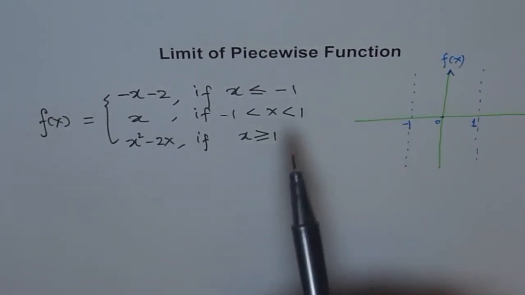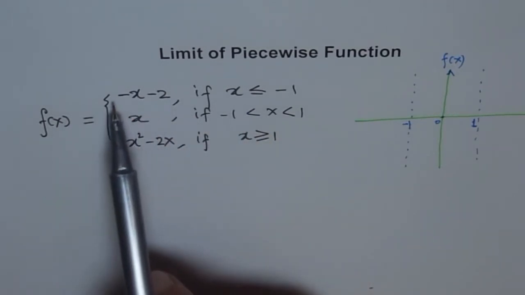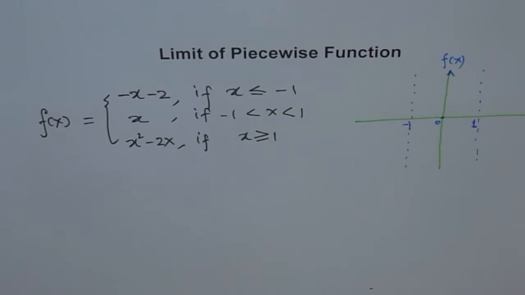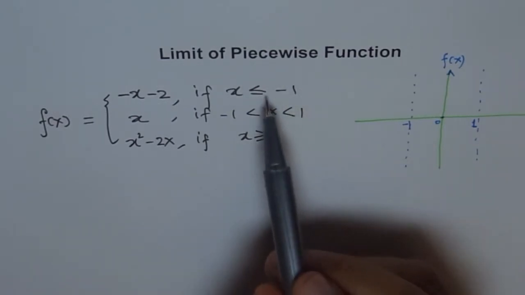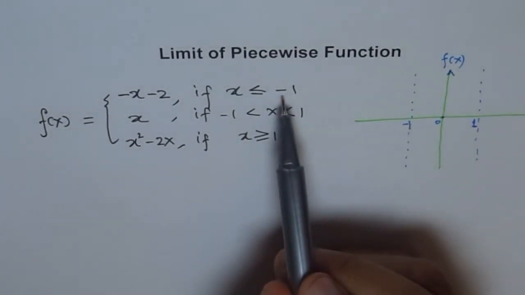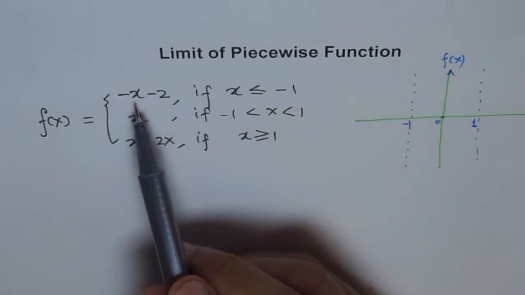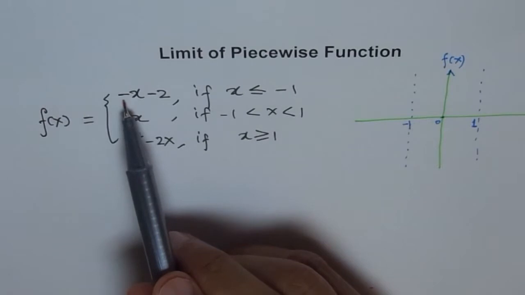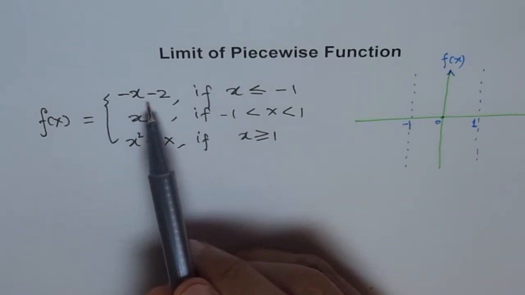We say that f of x is minus x minus 2 if x is less than or equal to minus 1. So the extreme value is minus 1. If I plug in minus 1 here, then what happens to f of minus 1? Minus of minus 1 becomes plus 1, and plus 1 minus 2 is minus 1.